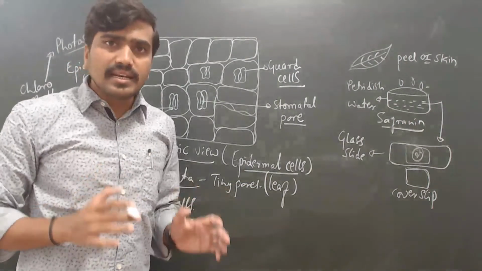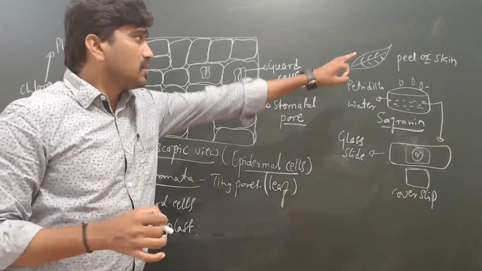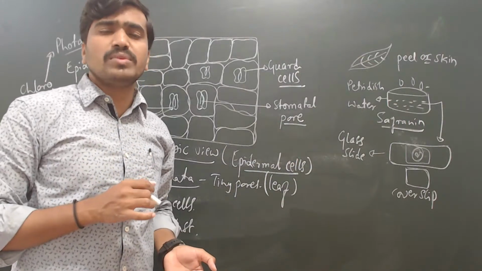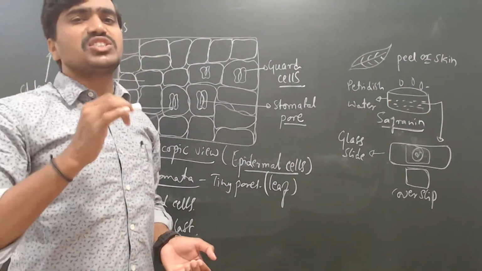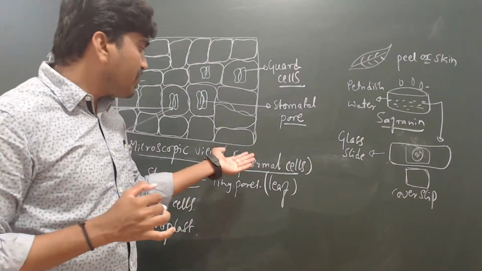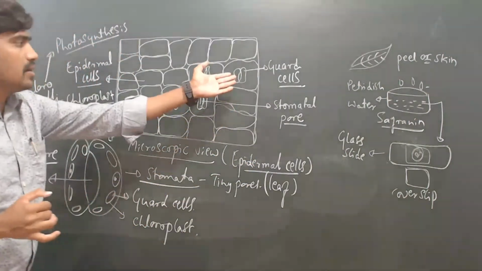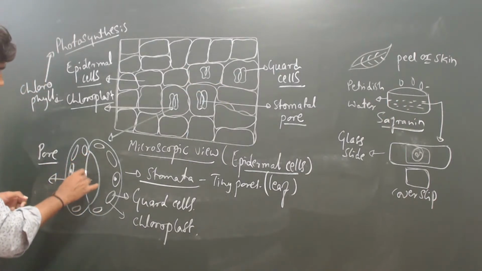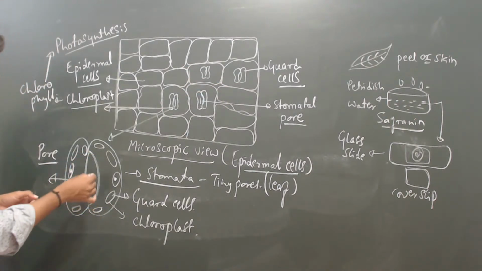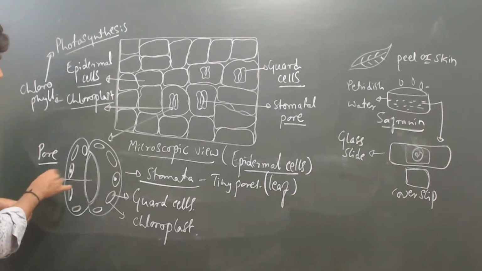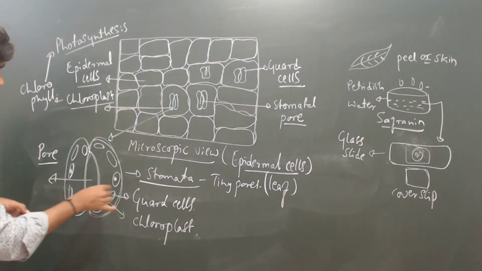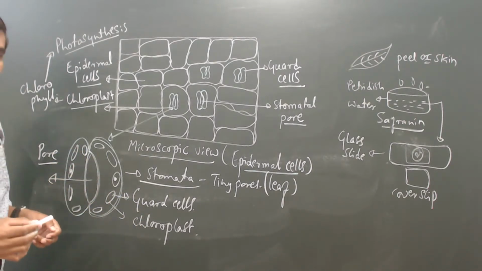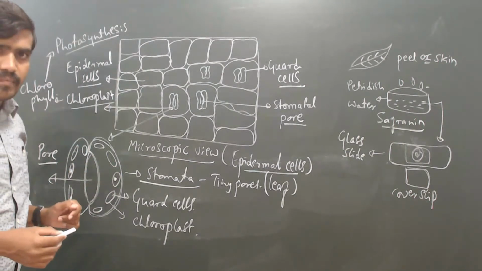Why are we taking a leaf and observing it under the microscope? Only to see the structure of the cells, like epidermal cells, guard cells, and stomata. This is called stomata. This part is known as the stomatal pore, and this part is known as guard cells. Inside the guard cells, chloroplast as well as nucleus is present.